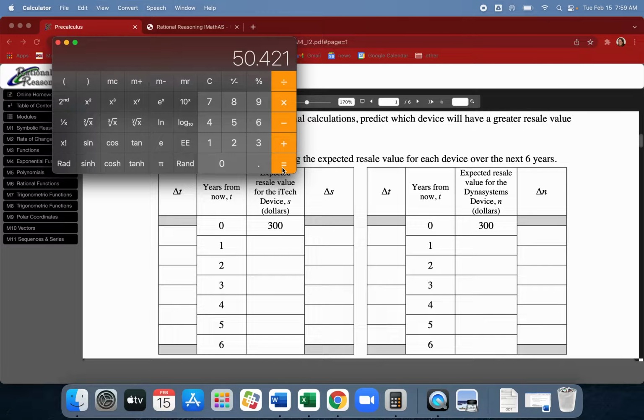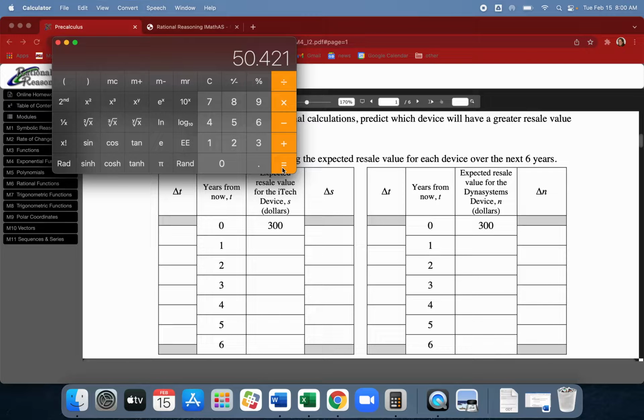So this is at the beginning. They have these labeled: years from now, 0, 1 year, 2 years from now. So you can see they started at the same value. This one dropped rather quickly. This one's dropping at a constant rate.